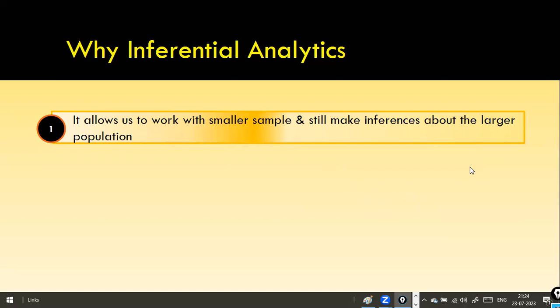But the question is, like I said earlier, the average height of the 50 students in my sample is 174 centimeters. With that, can I say, by closing my eyes, that all the 10,000 final year students in my college have the same average height as my sample mean?